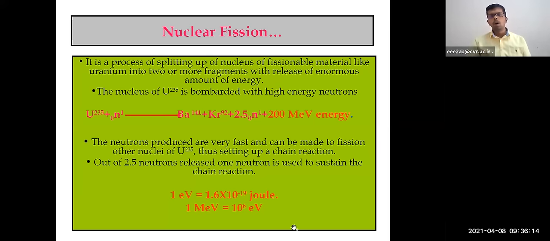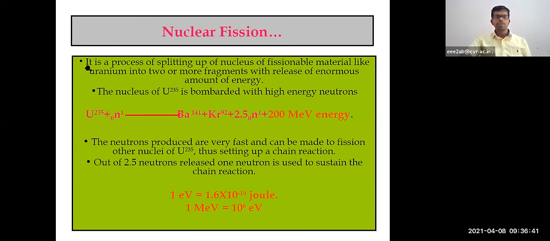I think you already studied this in chemistry; I'm just recollecting it. It is a process of splitting up the nucleus of a fissionable material like uranium into two or more fragments which release an enormous amount of energy. That is called nuclear fission reaction. In 2 marks, sometimes they will ask what is nuclear fission reaction.